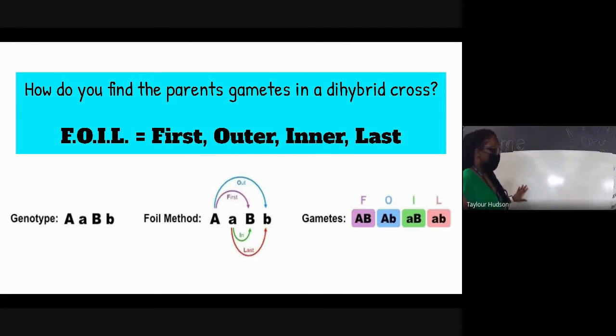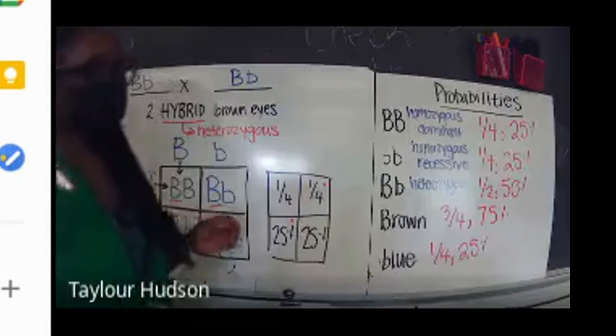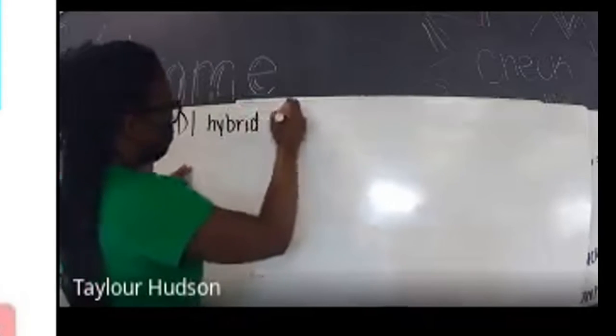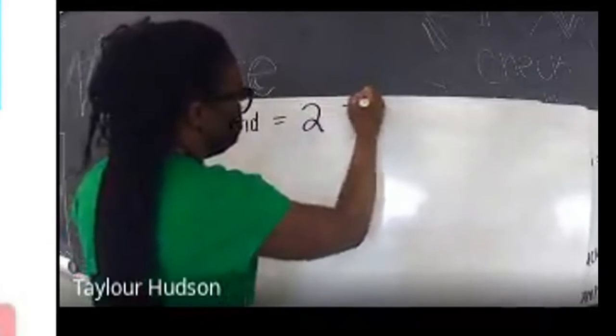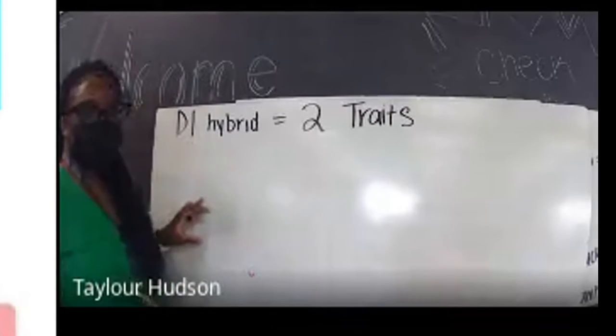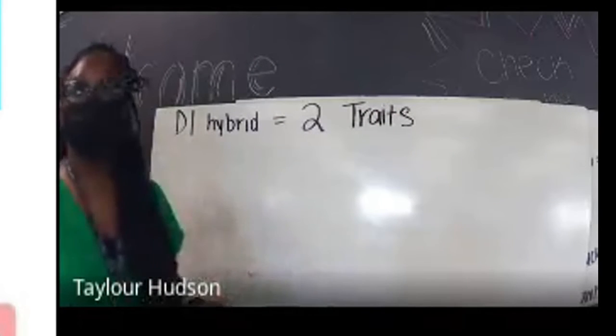Okay. All right, so remember, in a dihybrid cross, you're dealing with 2 traits. So each parent is going to give 2 letters.